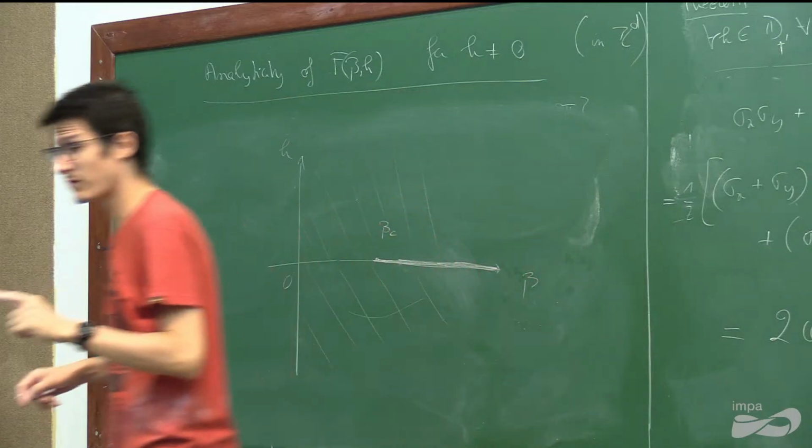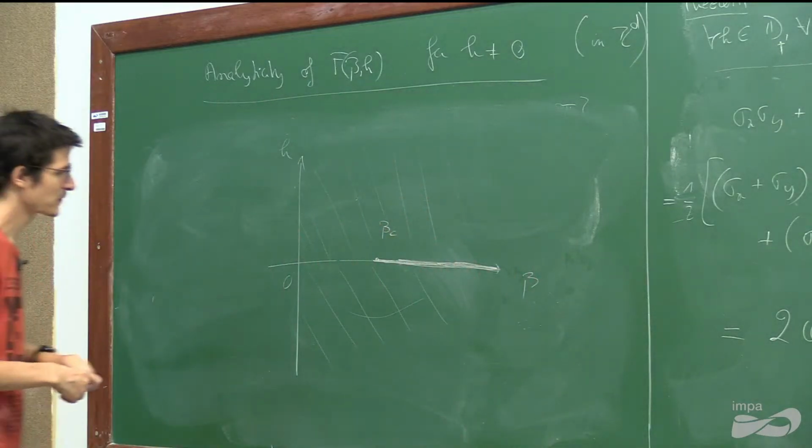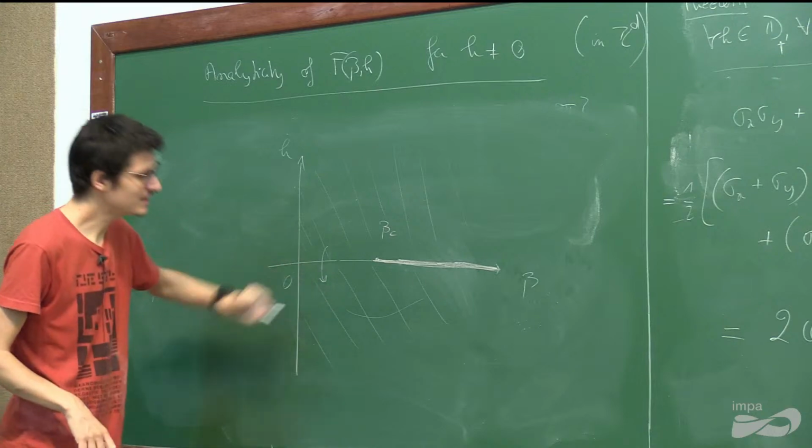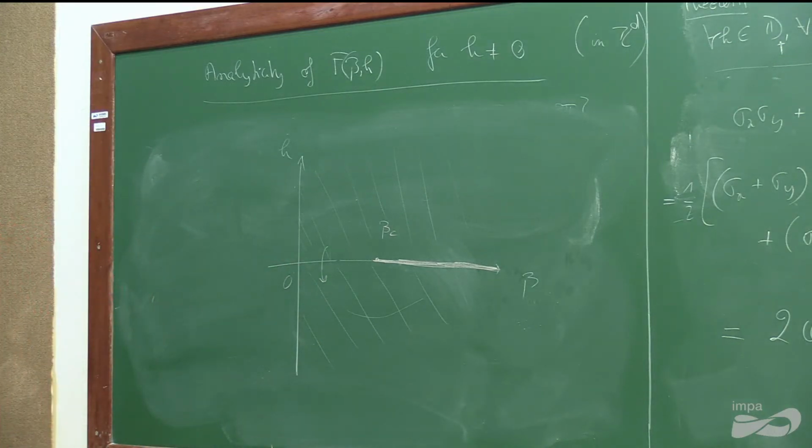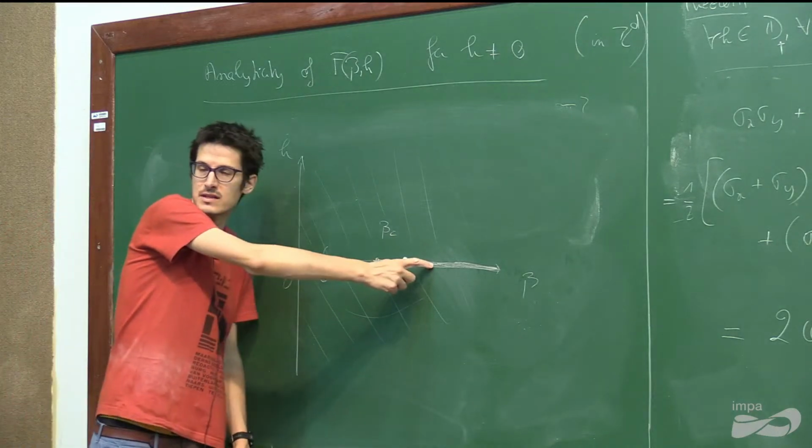So maybe a natural question is, is it analytic at 0 when beta is smaller than beta c? Here clearly it's not analytic because it's discontinuous.